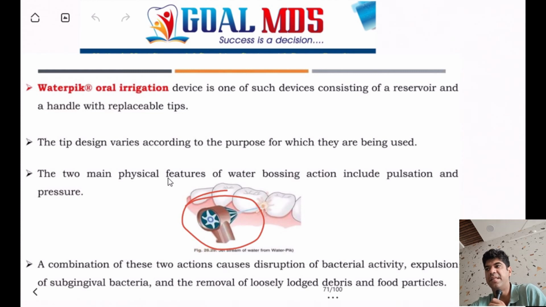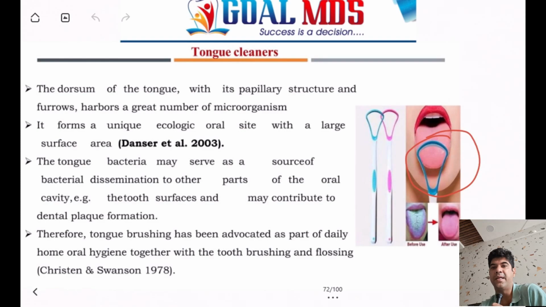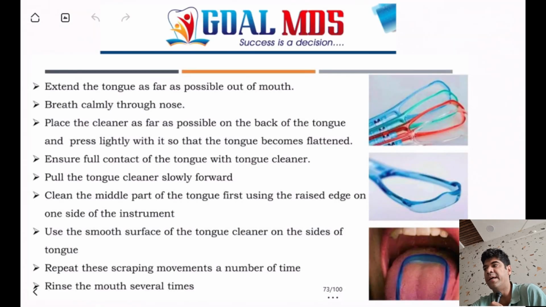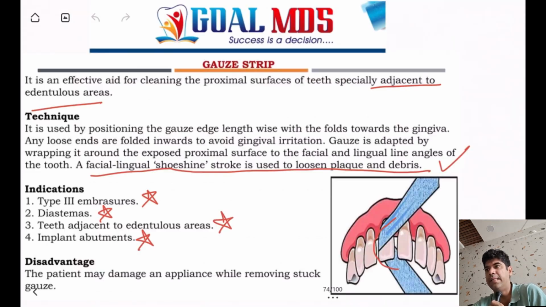The main feature is that they include pulsating and pressure movement. Due to the combination of these two actions, there is disruption of bacterial activity, expulsion of the subgingival bacteria, and removal of loose debris along with food particles. Various tongue cleaners are available in the market to clean the tongue.